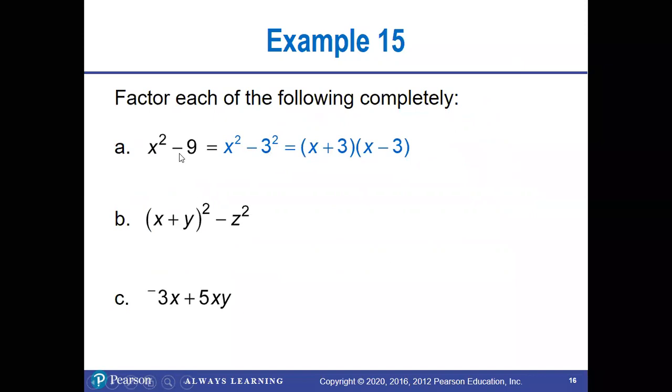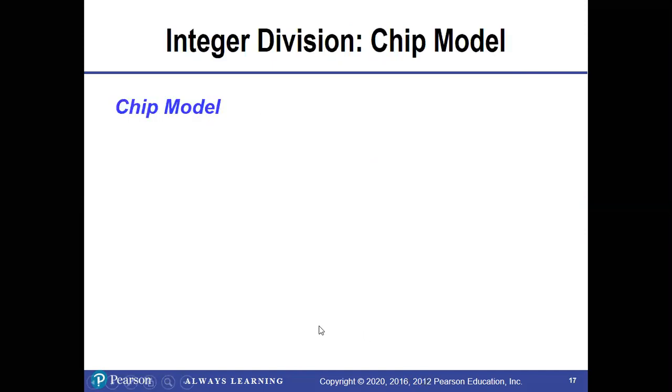I can do that with difference of squares. Okay, this too is difference of squares, but this is what's being squared, the x plus y, and the z is being squared. So I can, if you see this, whoops, let's go backwards here.